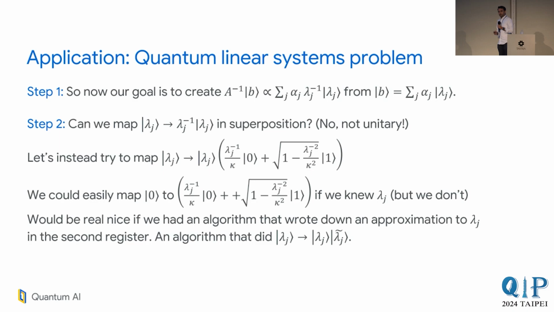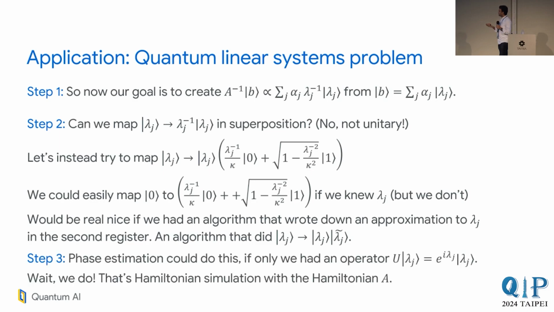This should remind you of the quantum phase estimation algorithm, because that's what it does, except phase estimation needs an operator whose eigenvalues are e to the i lambda j as input. Then phase estimation writes down an approximation of lambda j in another register.